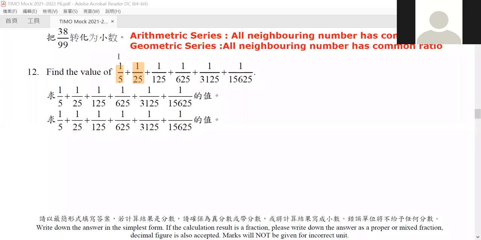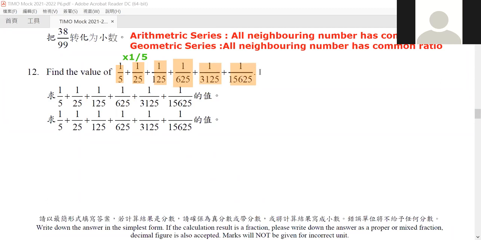In other words, you just multiply the whole number by 1/5. For the next number, 1/25, if we multiply by 1/5, we get 1/125, and so on and so forth. This is what we call a geometric series.